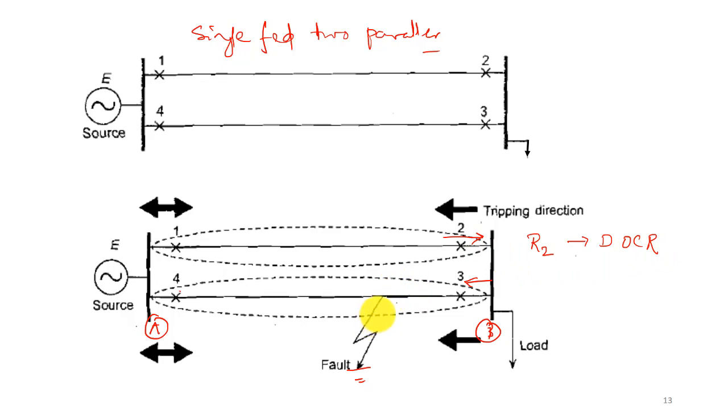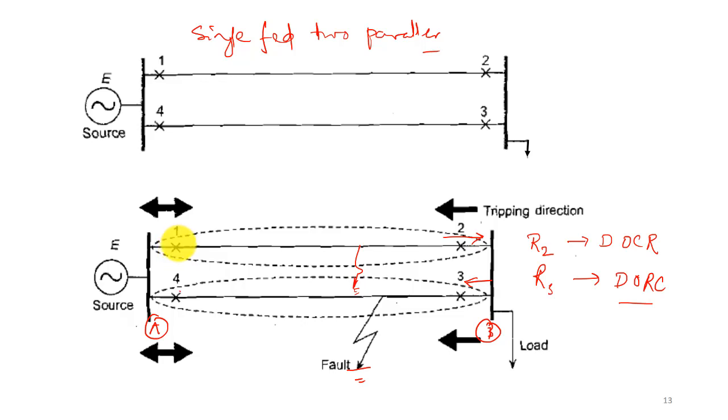Okay. Now if we see, similarly, if we make a fault at this point, relay 3 will be your directional overcurrent relay, right? But for relay 1 and relay 4, it may not be a directional overcurrent relay.